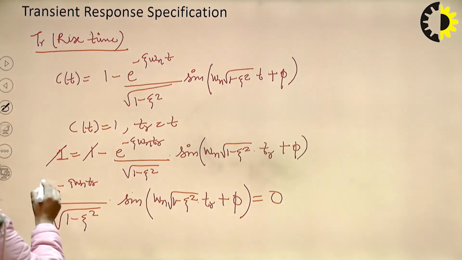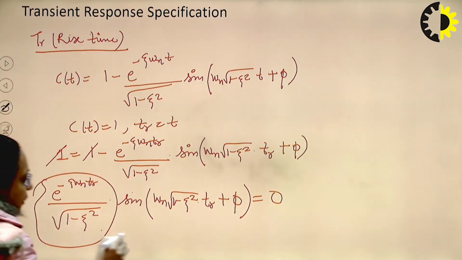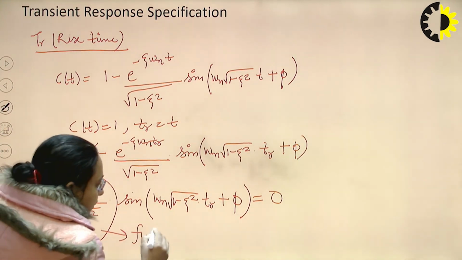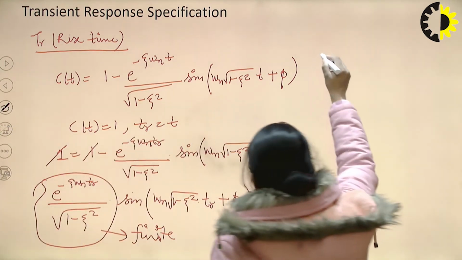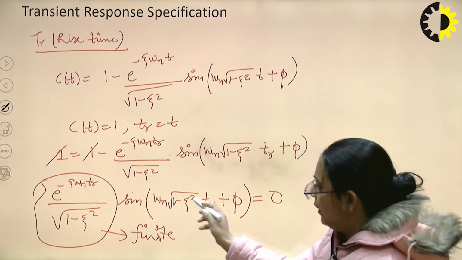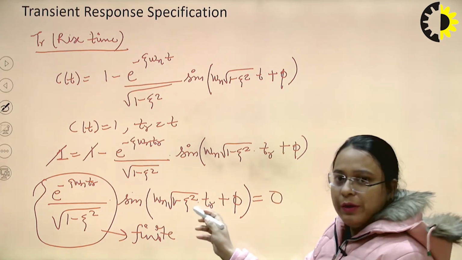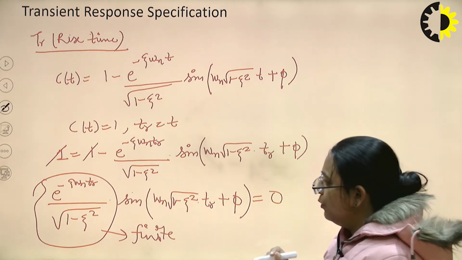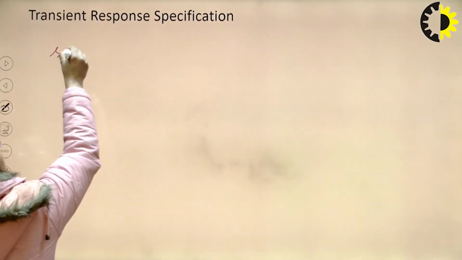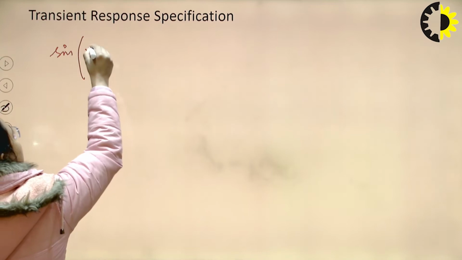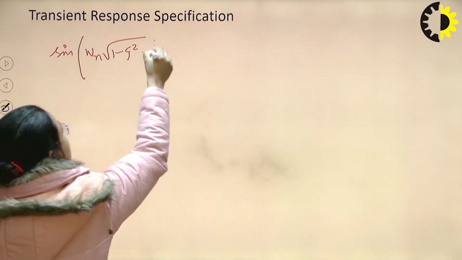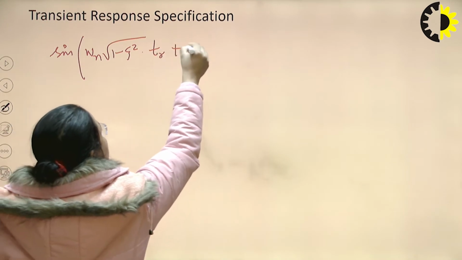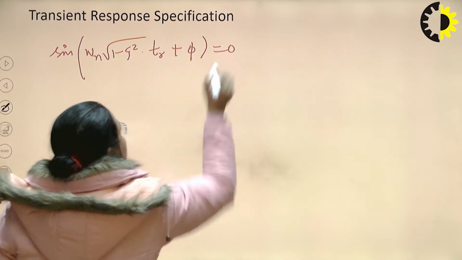Since this exponential term is finite, we can write this equation as only sin(ωn√(1-ζ²) TR + φ) = 0.